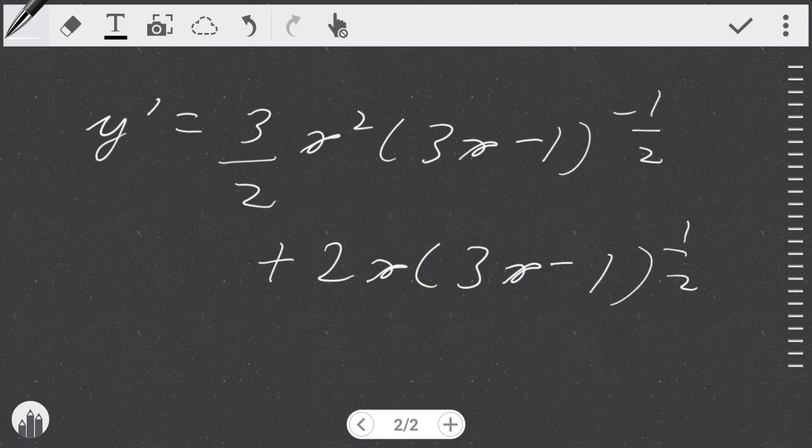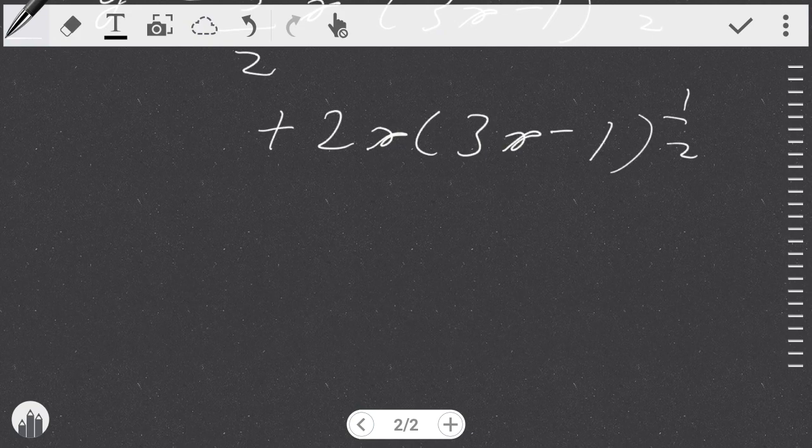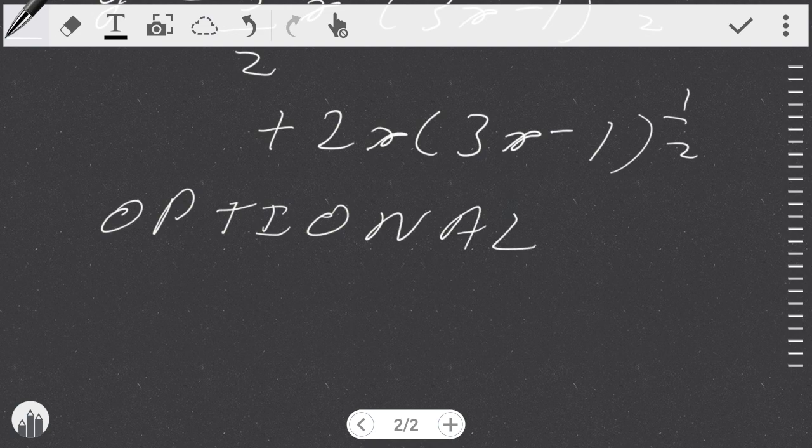And by most means this would be a perfectly fine answer. You don't have to do anything else. However, if you really want to woo the crowd, you could go an extra step here, which is entirely optional, and simplify it a little bit further.